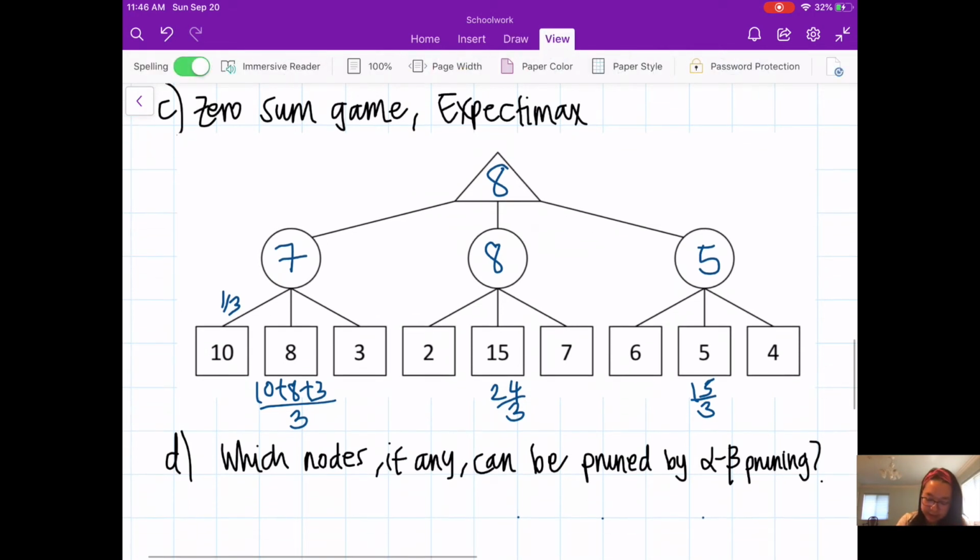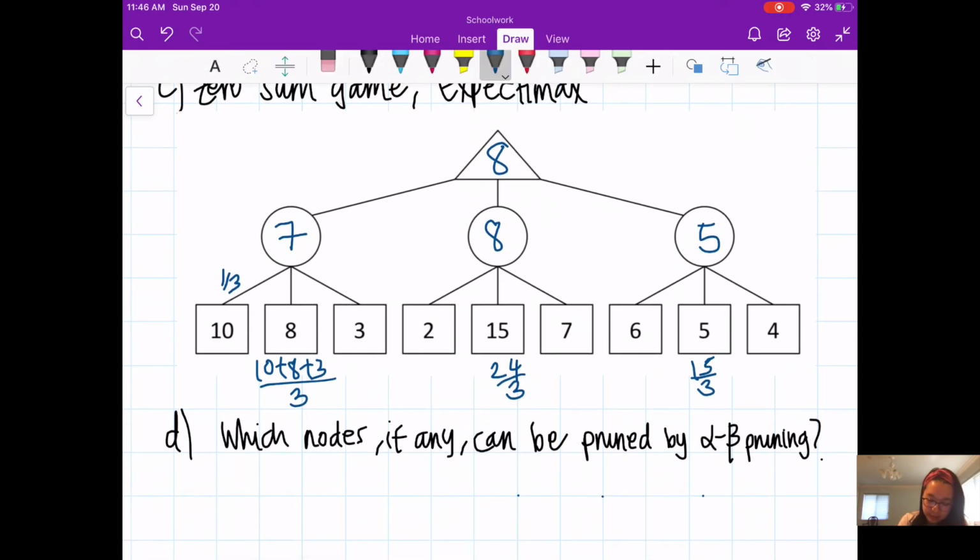So because of that, you cannot prune any nodes. And that is actually what ends up happening most of the time with expectimax, because you always need to consider all the nodes under each chance node. So you can't prune any of them, otherwise they will affect your chance behavior.